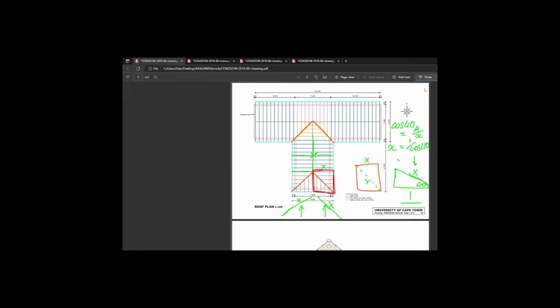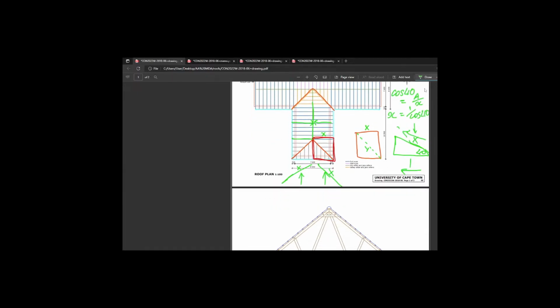For every 1 unit we travel that way, we're getting 1.305 units on the top.